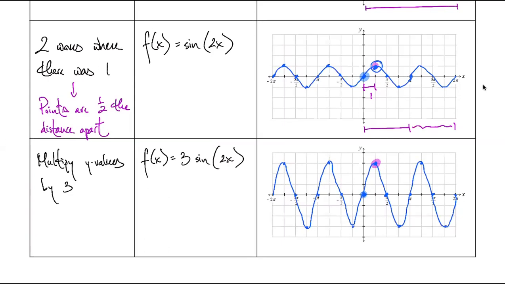If we took another example, what's the y value of that yellow dot? That y value down there is negative 1. Negative 1 times 3 is negative 3.